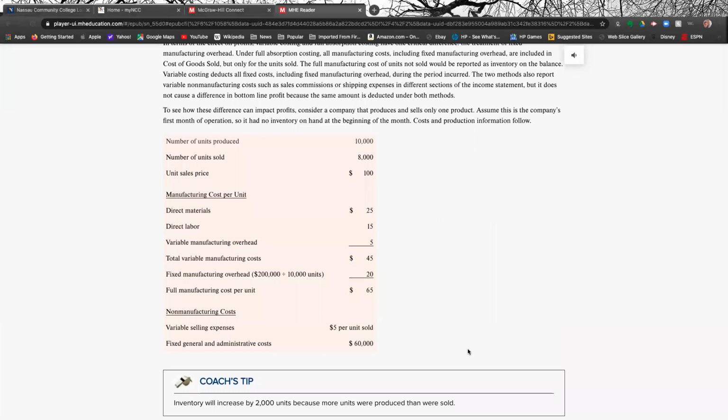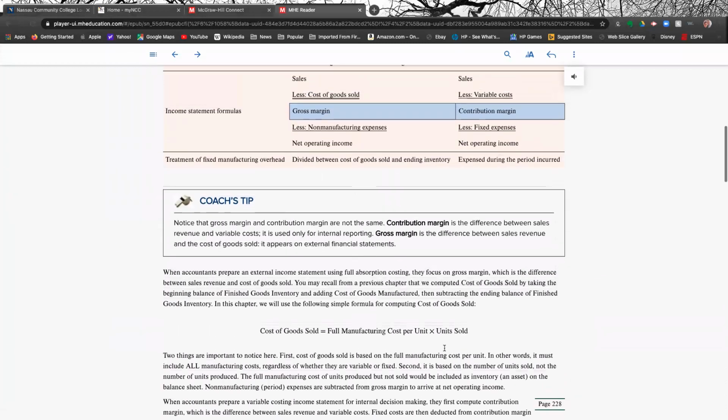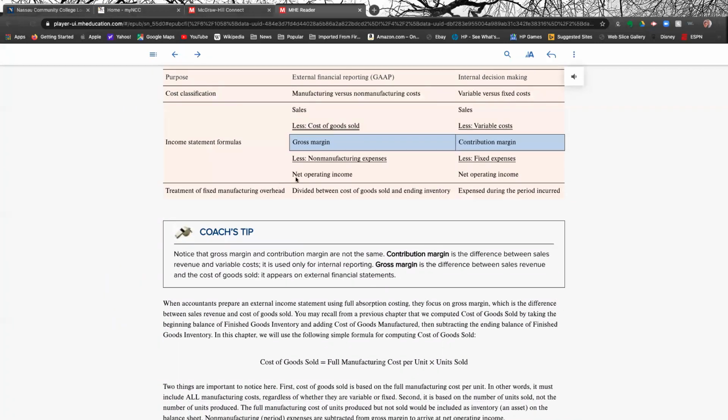Now, you would think that the number you're going to wind up with, net operating income here versus net operating income here, you would think they would be the same, but they're not. So just be aware of that.